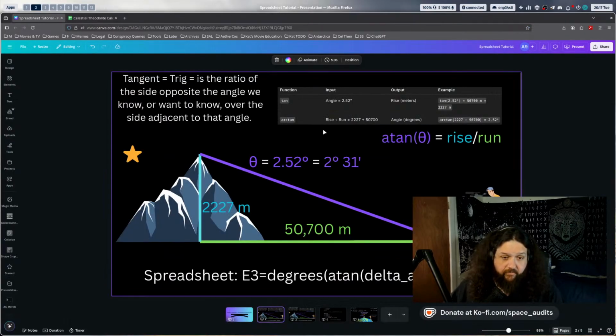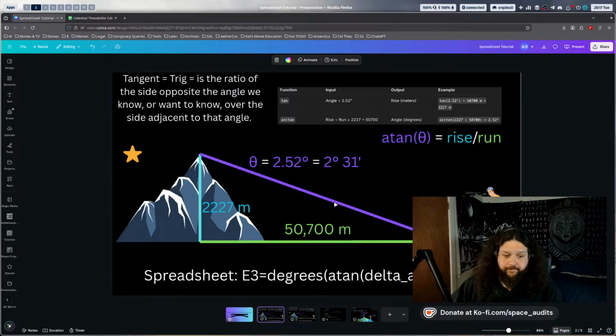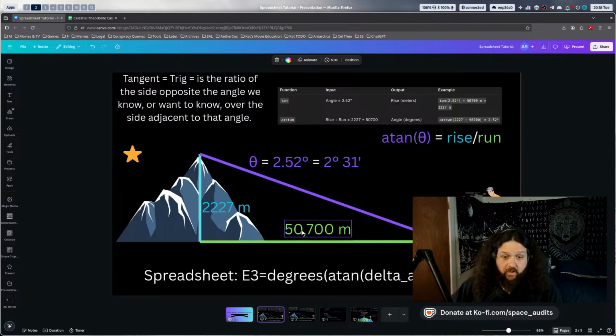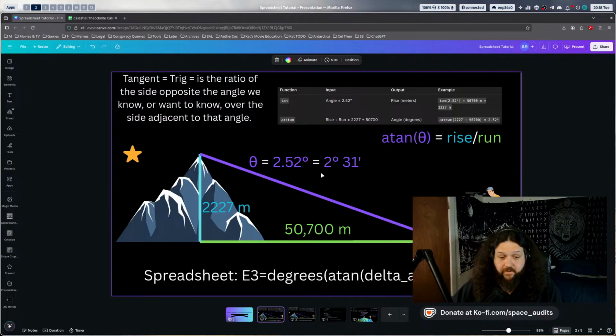To start us off, with just rise over run, we would do the rise here, 2227. That's our relative meters. We get that from the difference in altitude of the peak versus our altitude, based off of wherever we're at, X amount of distance away. And because we also know our distance here, we can do the arctan of this to get the output in degrees.